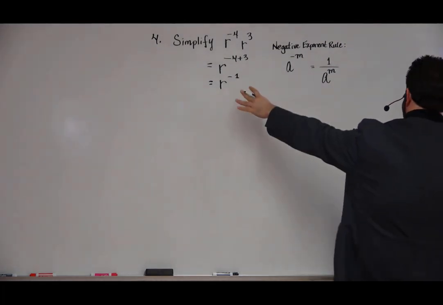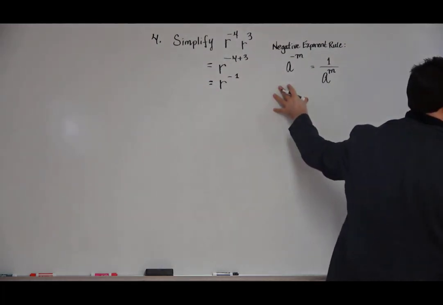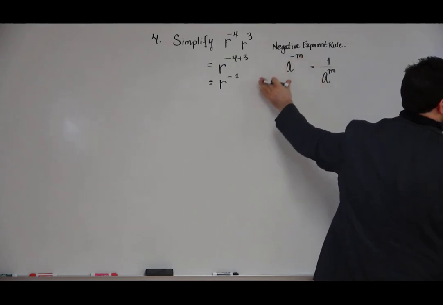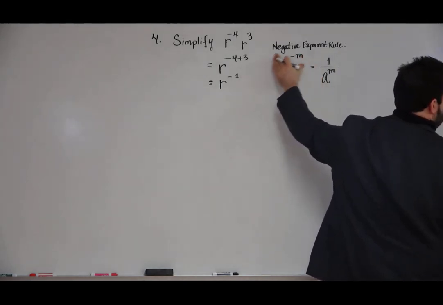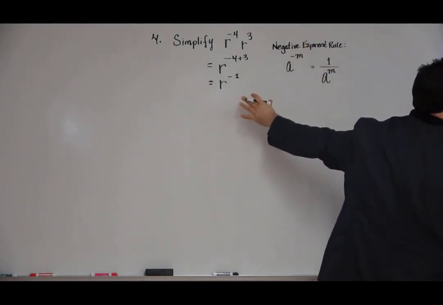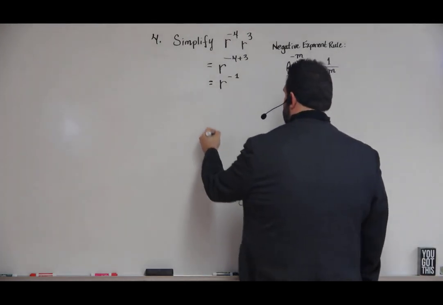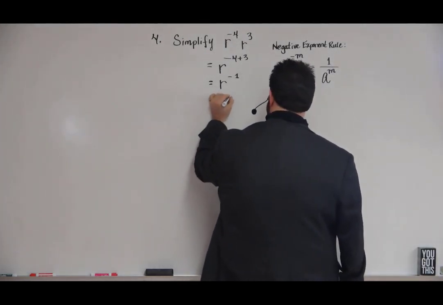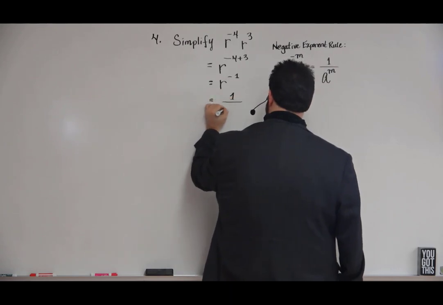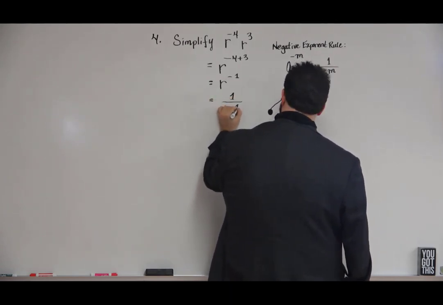So let's bring that over here. Think about this. So the m is a 1. Basically, it's the same situation, right? You apply that negative exponent rule, and you just write this as 1 over r to the first power.